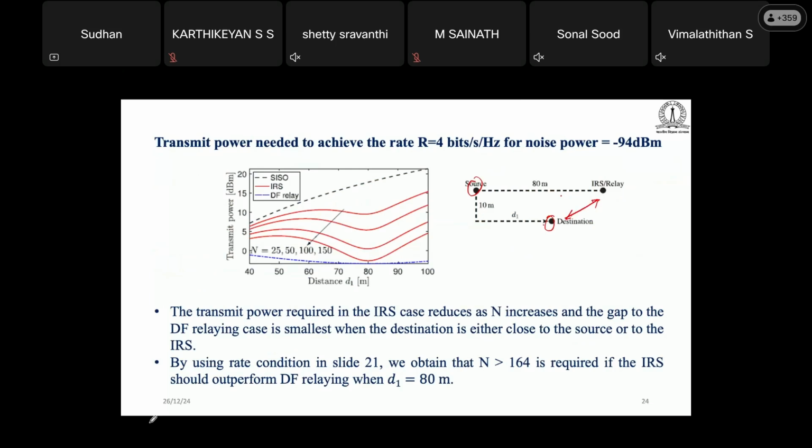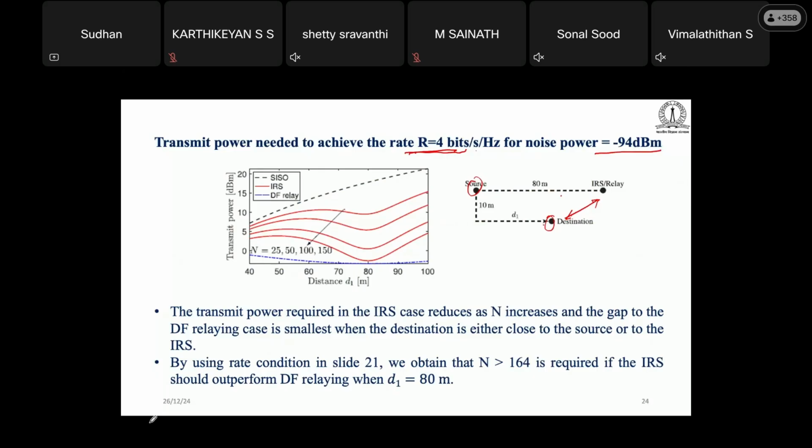So the transmit power needed to achieve the rate is: we need to achieve 4 bits per second per hertz, and the noise power we have considered is minus 94 dBm, and the number of IRS elements we are decreasing from 150 to 25, in decreasing order.